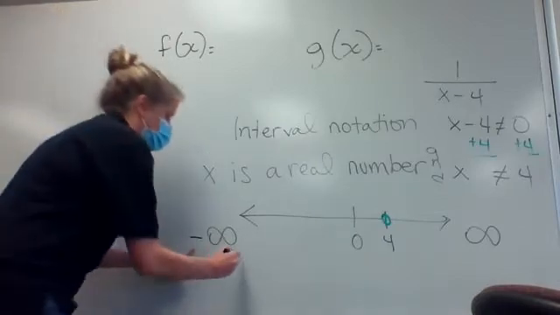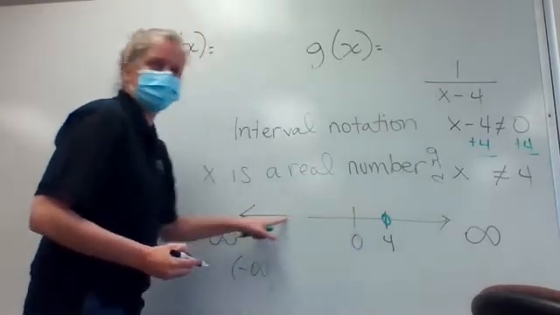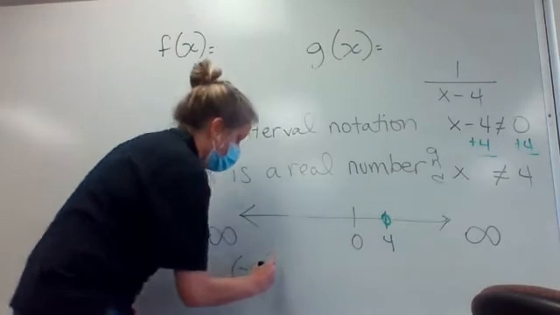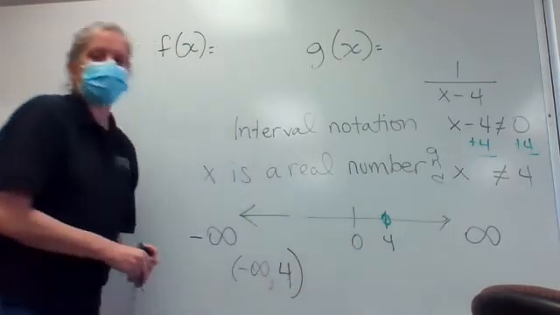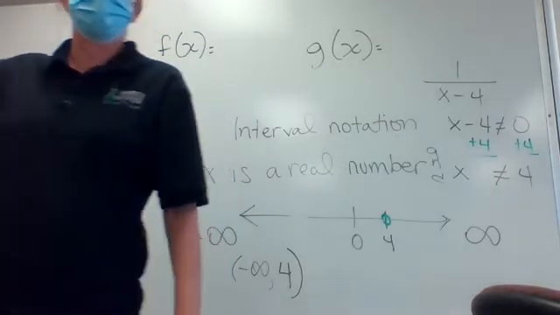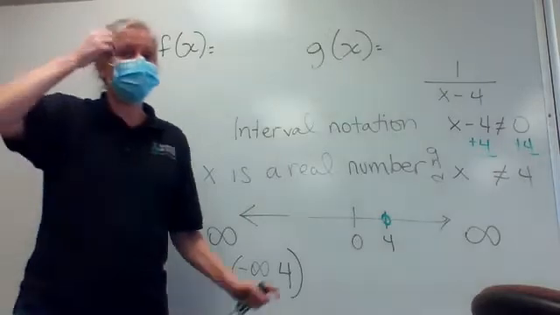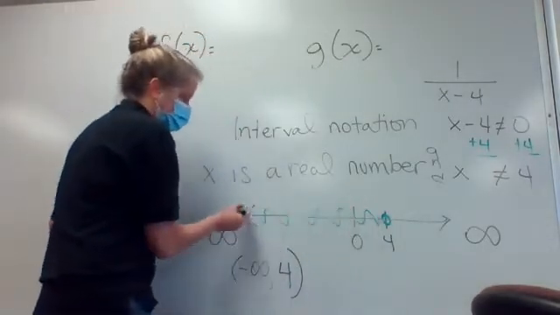So I would start at negative infinity. All these numbers are good. What you want to leave out is the 4, and then you put a parenthesis around that 4. That means not including that 4. So all the numbers below 4 are represented here.